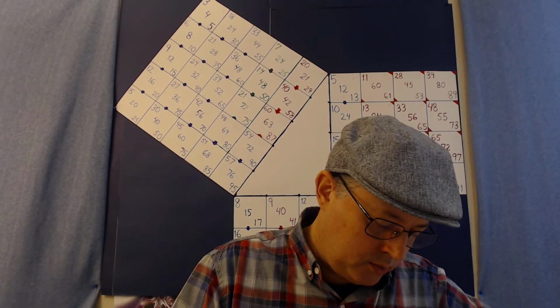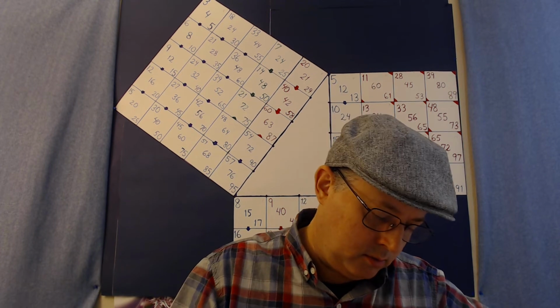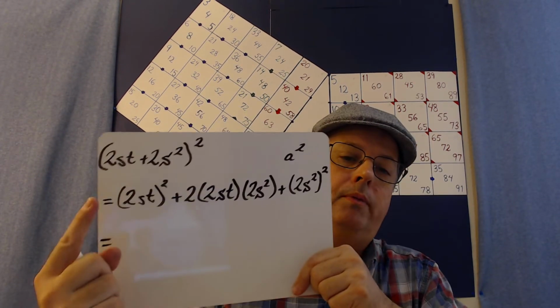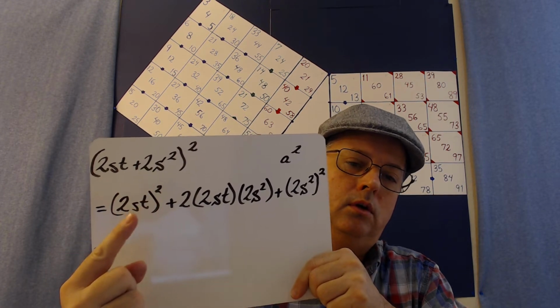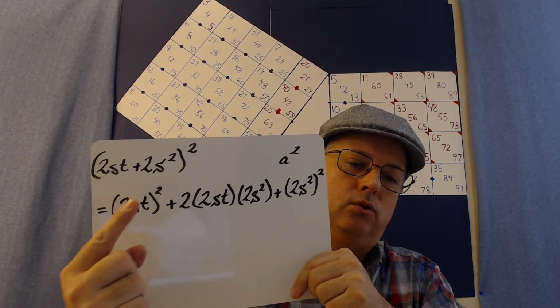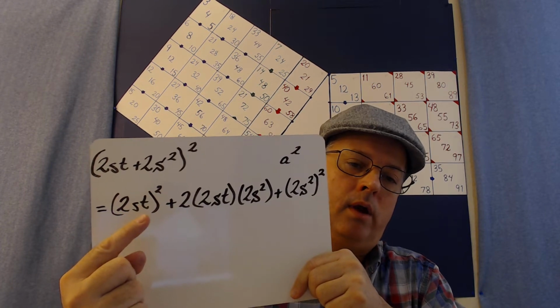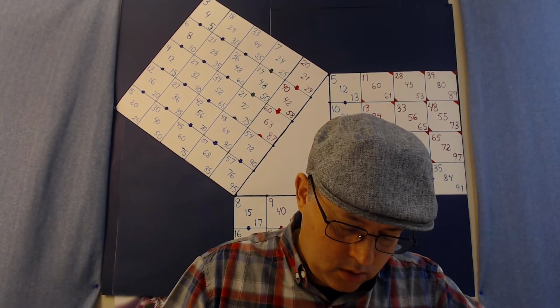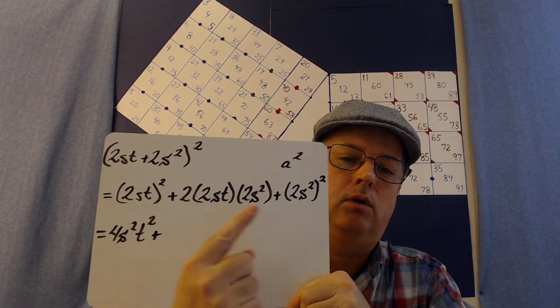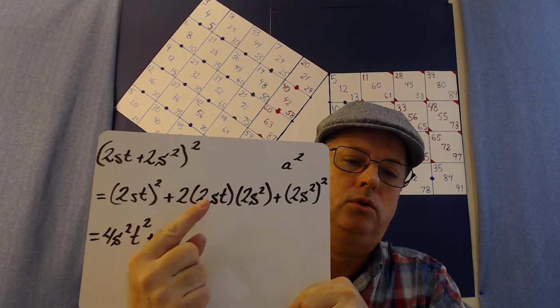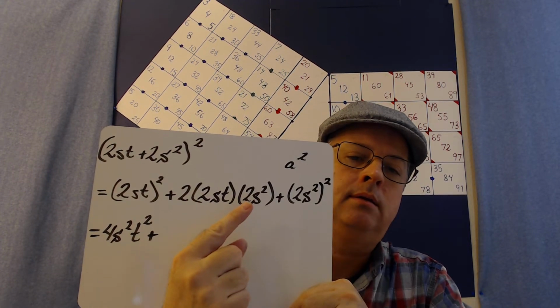And now let's go through and multiply this out and see what we get here. When we have (2st) squared, that means the square goes to the 2 and to the s and to the t. So 2 squared is 4, and then we'll have s squared and t squared. So we'll have 4s squared t squared. And now going through this middle portion here, we have 2 times 2 is 4, times 2 is 8.